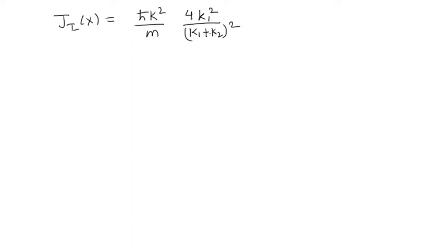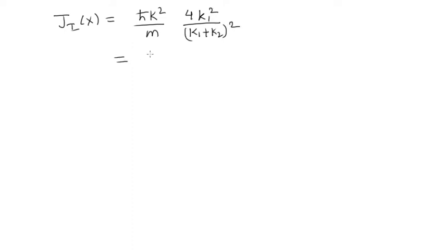Okay, so I can write this J1x is equal to h cross k2 upon m times 4 k1 square upon (k1 plus k2) whole square.